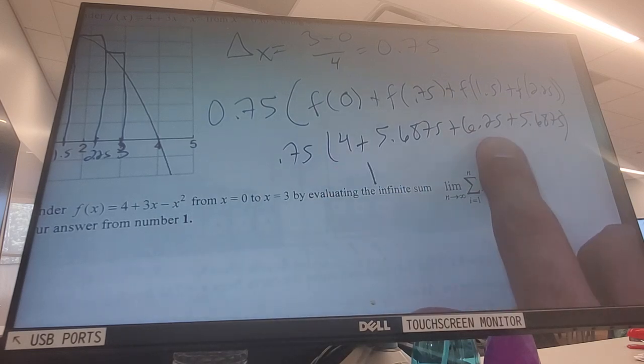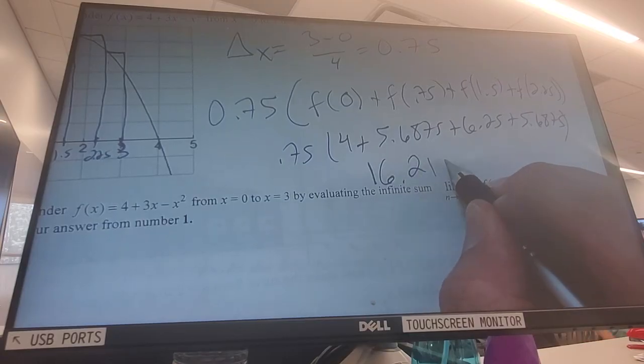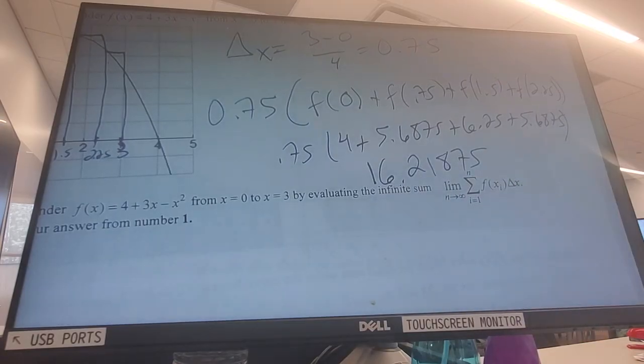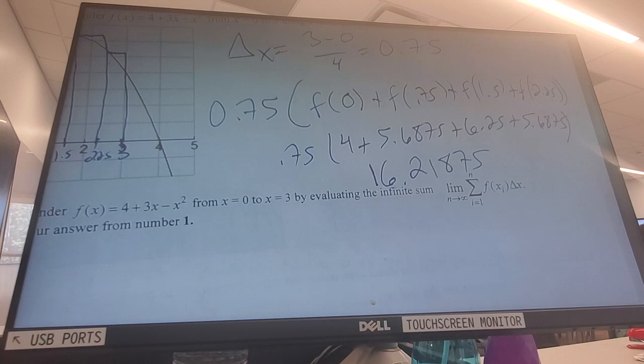You also got 25? What did I do? My rounded answer was 16.219. Yeah, 16.219. 21875? Yeah. I'm not sure where people are getting 25. Let me see. Oh, I multiplied by 1 instead of added, so it's fine. Okay. Did several people do it?